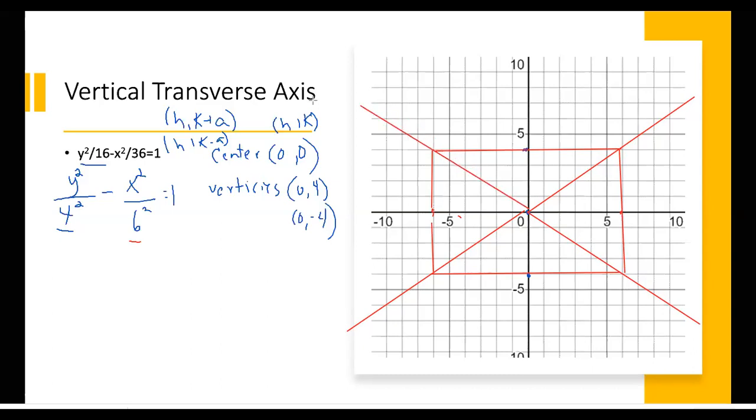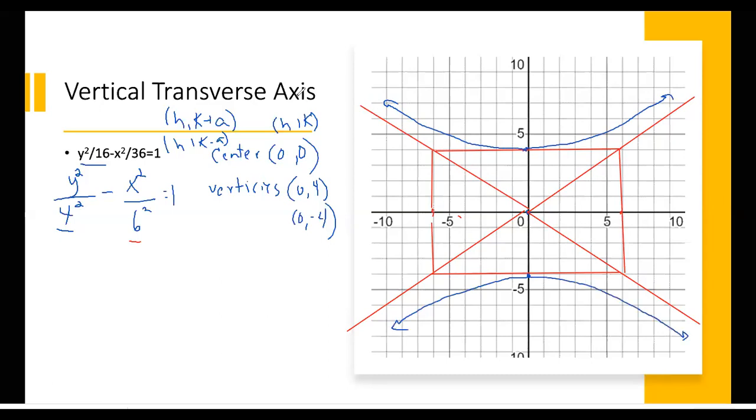So our asymptotes. Now we can draw our hyperbola. So from our vertices, we are going out and approaching our asymptotes, and this vertices here, same deal.